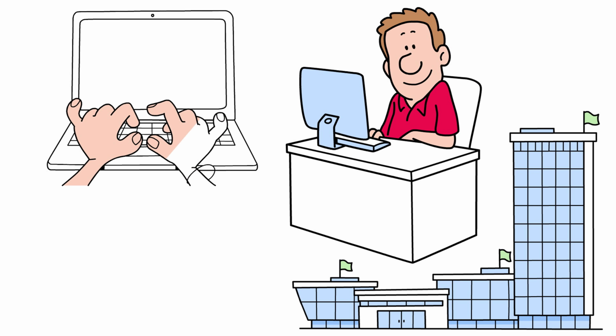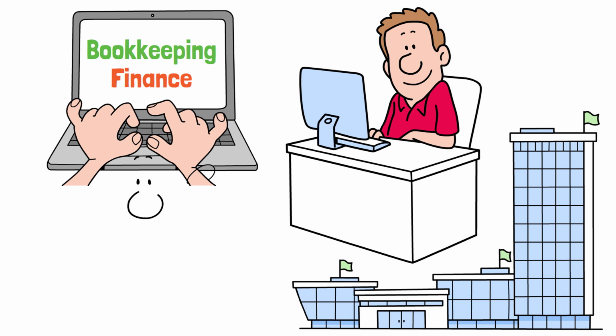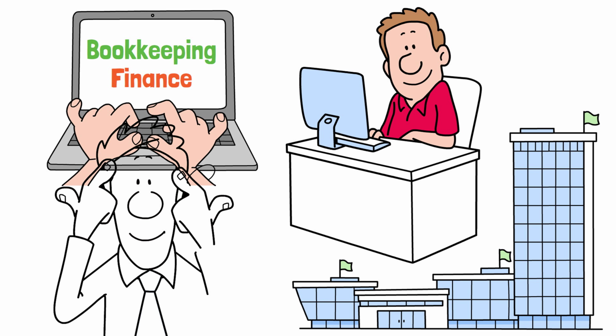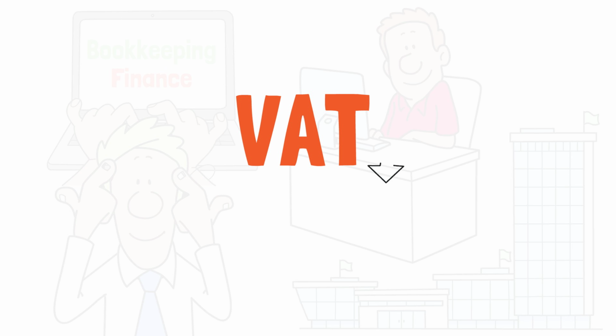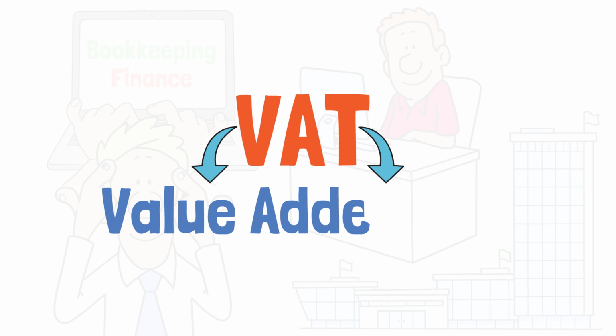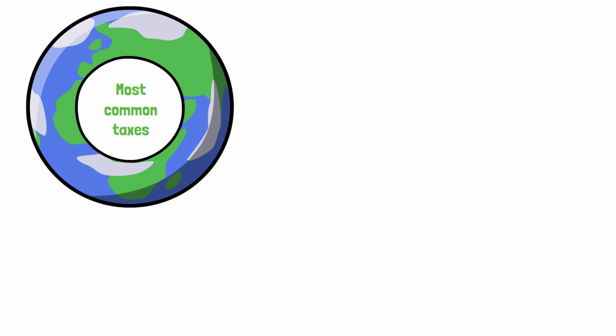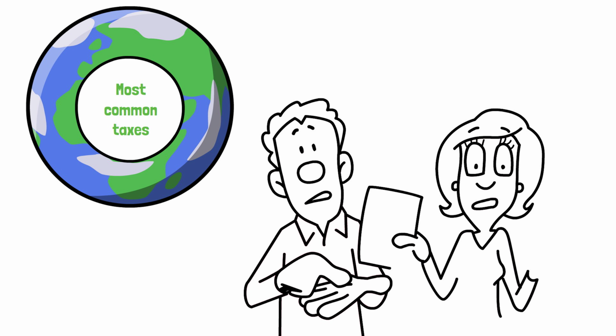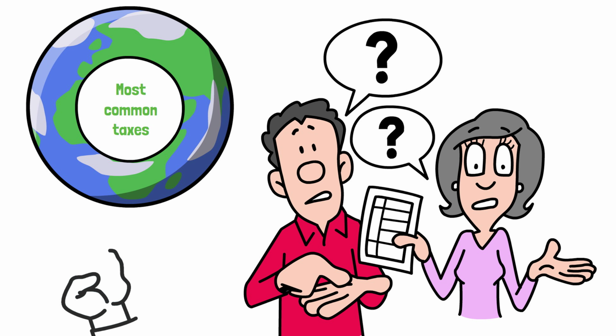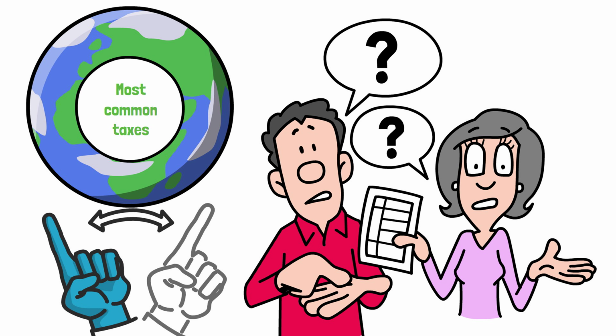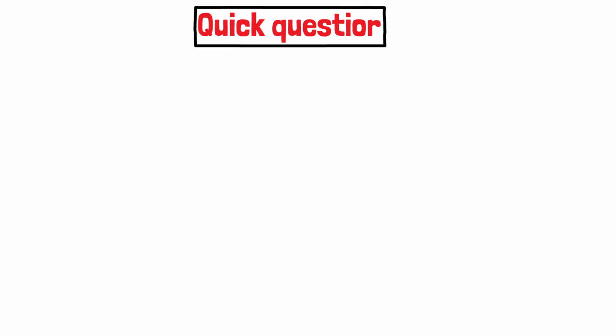If you're running a business, freelancing, or just getting into bookkeeping and finance, today's topic is one you must understand: VAT, also known as value-added tax. It's one of the most common taxes worldwide and also one of the most confusing for beginners. But not after today. Here's a quick question.